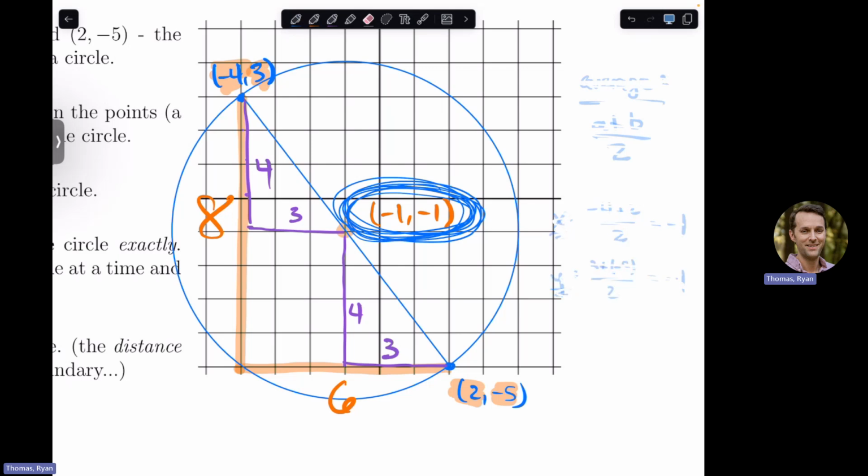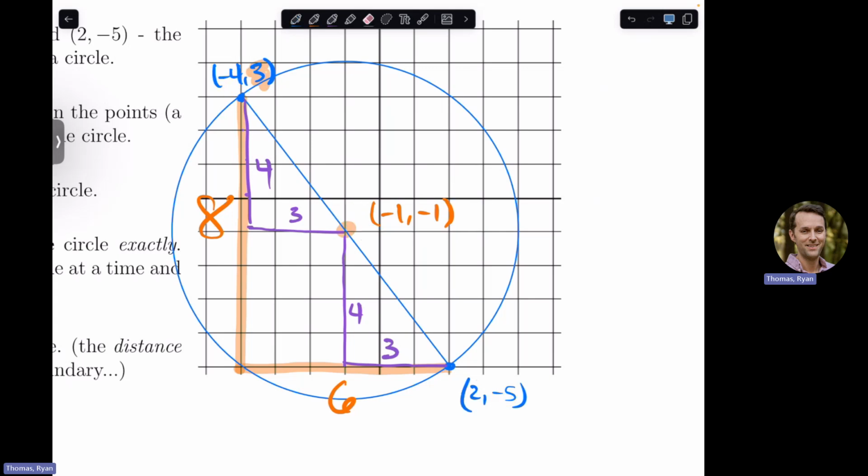Same picture, so let me make some space here. How can we find the radius? First of all, where is the radius on the picture? Sure, anywhere. In particular, there's one, right?